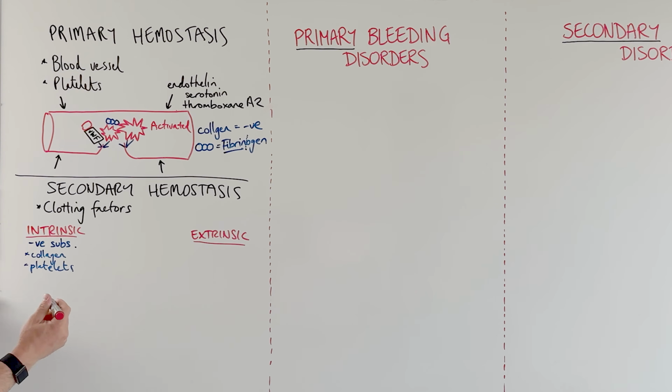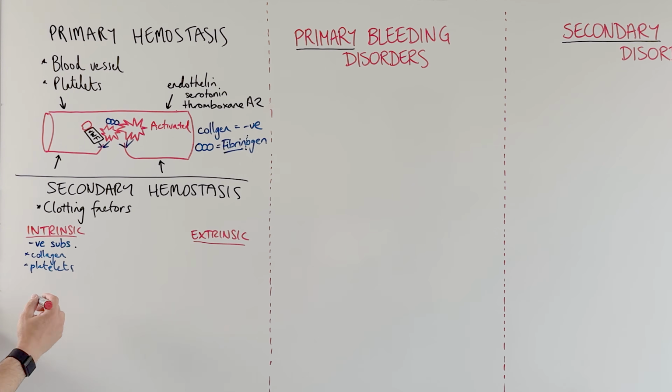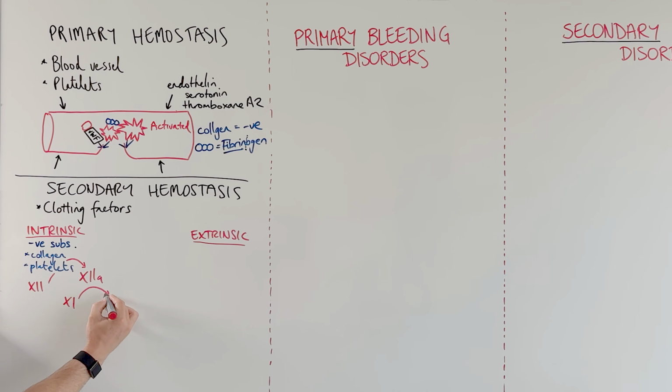What happens? How do we activate this? Well, we're going to have floating through this bloodstream all of these inactivated clotting factors that the liver's produced. We're going to start with 12. So clotting factor 12 will get activated when it comes across any of these negative substances. So now we've got activated 12. The A stands for activated. 11 is flying past and 11 gets activated by 12.